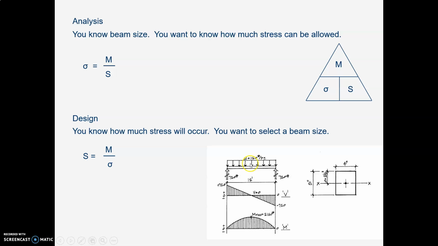By rearranging these terms in your triangle, you get some section modulus number, and then all you have to do is go look at your steel table or your timber wood table and look up who has a section modulus that is at least that big, and you will wind up with a beam that's big enough.